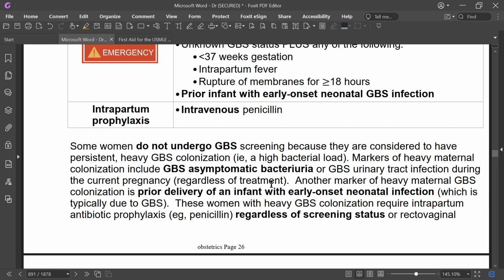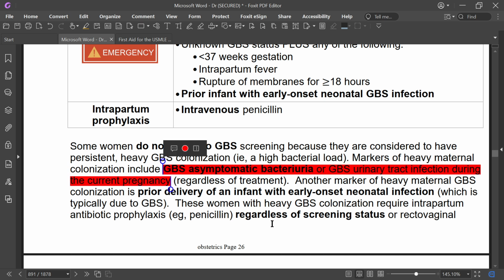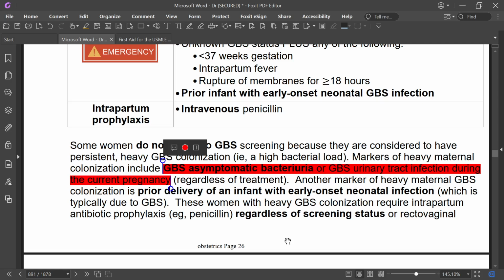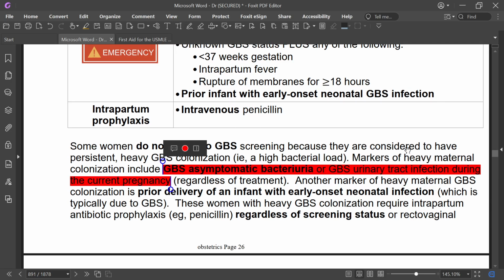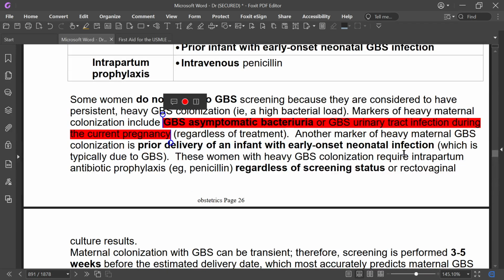Markers of heavy maternal GBS colonization include GBS asymptomatic bacteriuria or GBS UTI in the current pregnancy regardless of treatment. Another marker for heavy maternal GBS colonization prior to delivery is early onset neonatal infection regardless of screening.